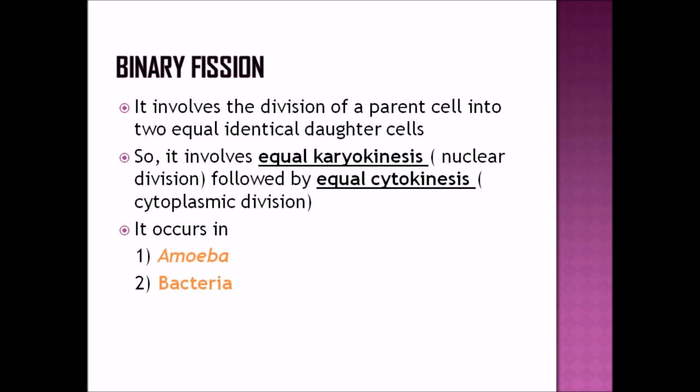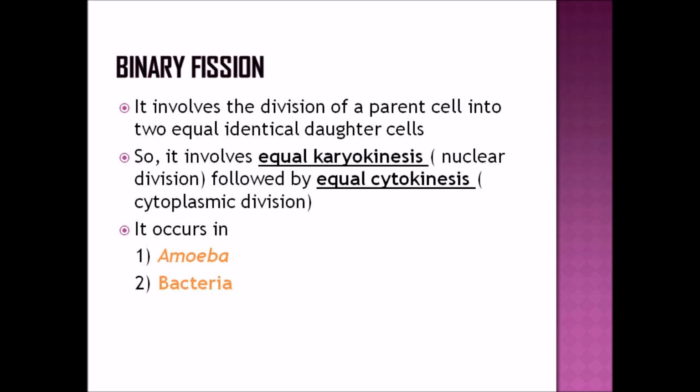Any process of cell division involves first the division of the nucleus, which is termed karyokinesis, followed by a division of the cytoplasm of the cell, termed cytokinesis.